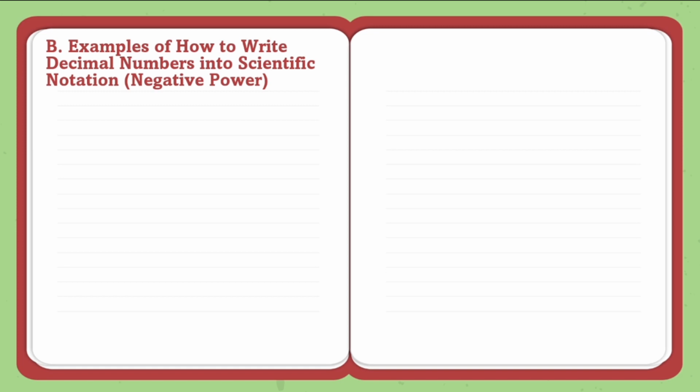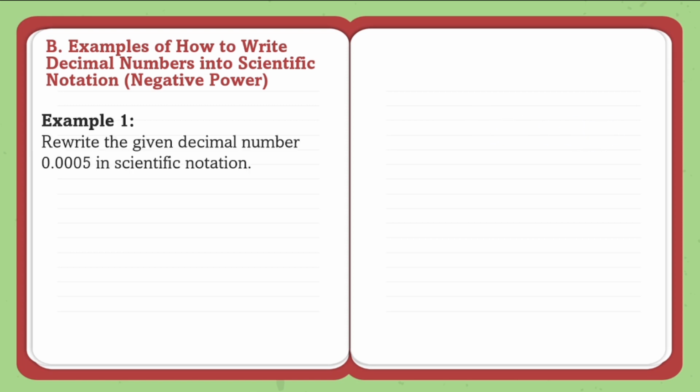We have here another example of how to write decimal numbers in scientific notation. This is about the negative power. We write the given decimal number 0.0005 in scientific notation.